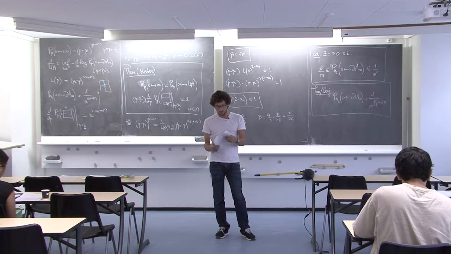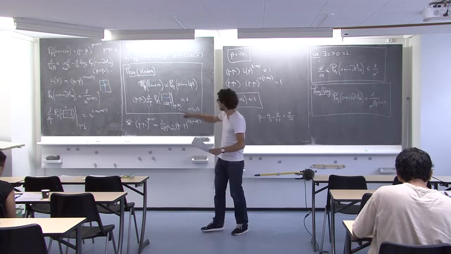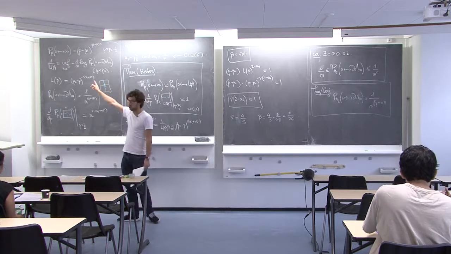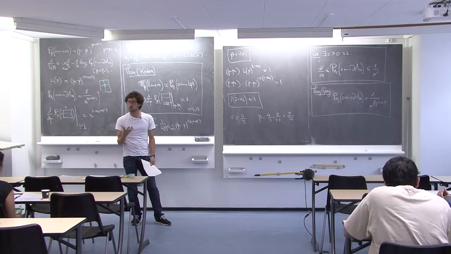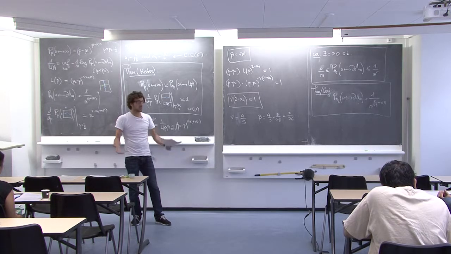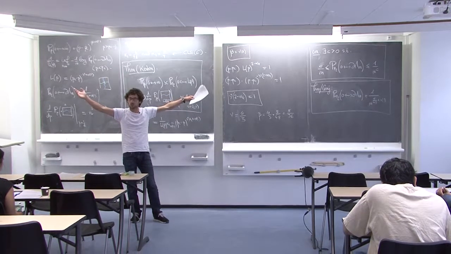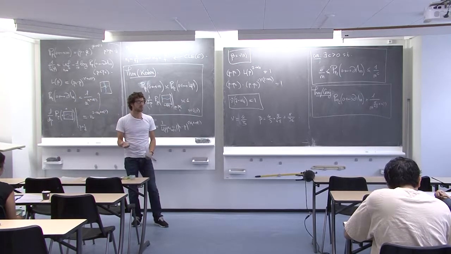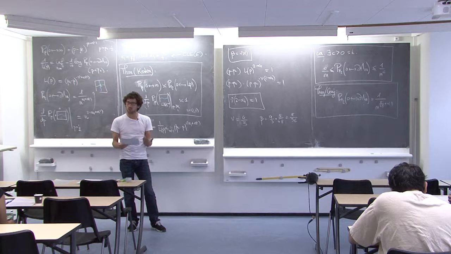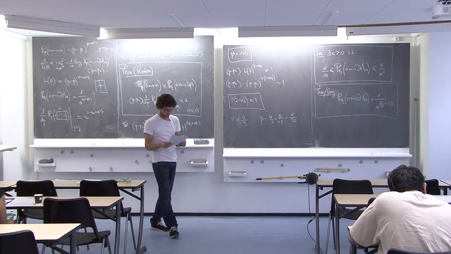Question 5 was the fact that theta of p, the probability of being connected to infinity, is also just the density of your cluster. If you take a box of size n, you look at the number of guys connected to the boundary of your box, it's roughly theta of p. So it's another interpretation, a statistical interpretation of your theta of p.